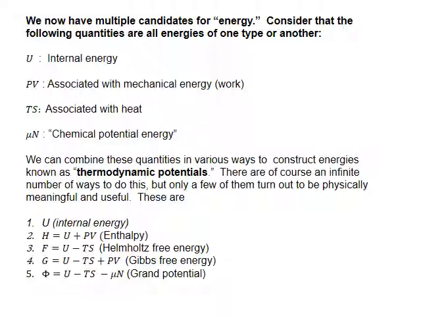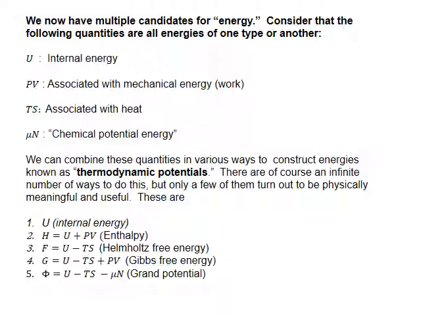Next up is heat, right? So TS, or T delta S for a process that's occurring at constant temperature. I'll assume for the moment that we're talking about reversible processes. But TS is a term that would appear in a thermodynamic energy.